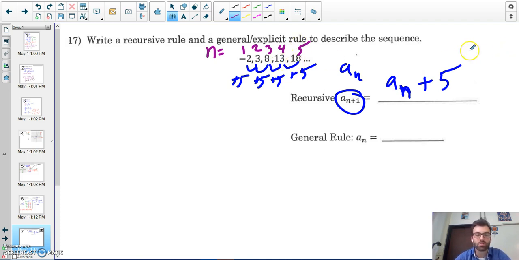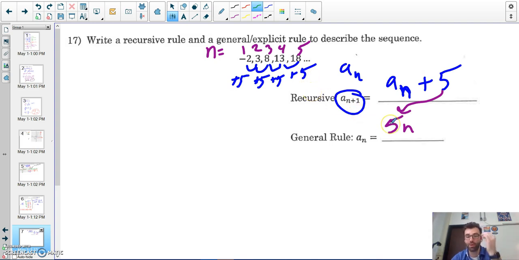A little trick that you were taught, if there is some sort of common difference, if there's a linear pattern, it increases by the same amount every single time, I can infer that I'm going to be multiplying whatever that term number is by that common difference.